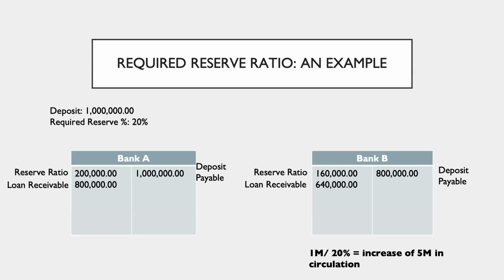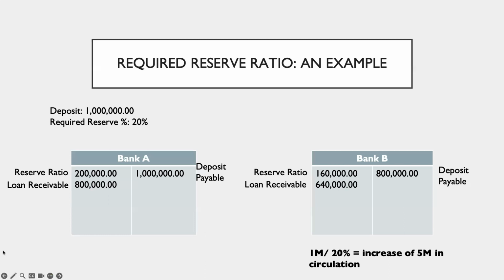On the other hand, if the central bank increases the required reserve ratio to 30%, it is therefore limiting our ability to spend because it is taking away money from circulation. All right, and in the next few slides, you will be able to see this example.